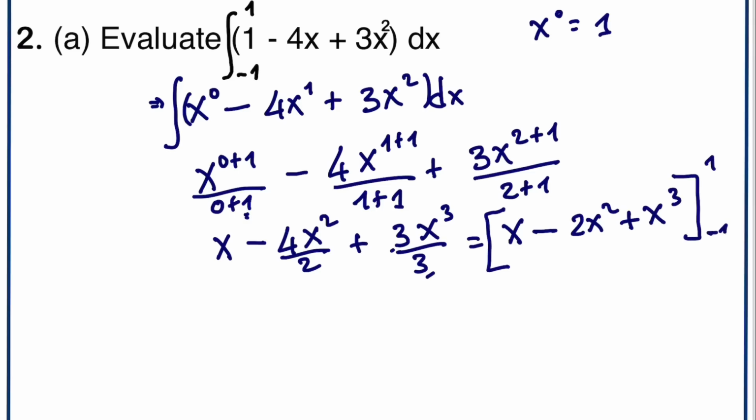The boundaries are 1 and minus 1. To plug in the boundary, we take this 1 and plug it in here, minus, plug in minus 1 for the value of x. So if we plug in 1 first, we are going to have 1 minus 2 times 1 squared plus 1 to the power 3, or cube.